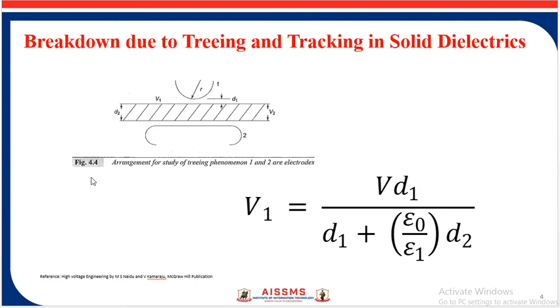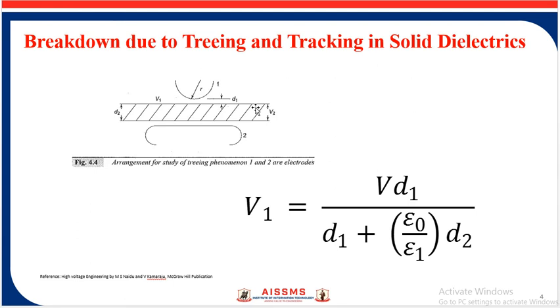Now, when a dielectric material lies between two electrodes, as you can see in this figure, there are two electrodes of different shapes, and there is a dielectric material of thickness D2 placed here, and there is a gap known as the D1 gap.